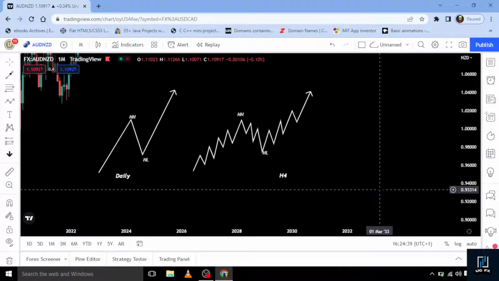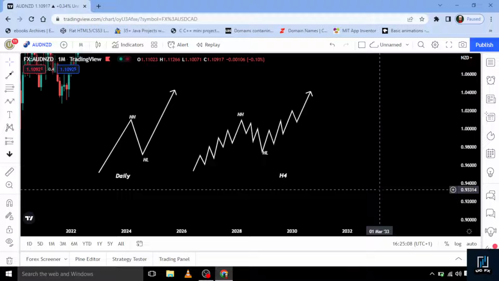So the first thing you need to do is understand your higher time frame. That is the monthly, the weekly, and the daily chart. So try to build a story from them. What do I mean by that? Try to understand where price is coming from or going to. Is it coming from a discount price or going to a discount price? Is it trying to mitigate an order block or already done so?